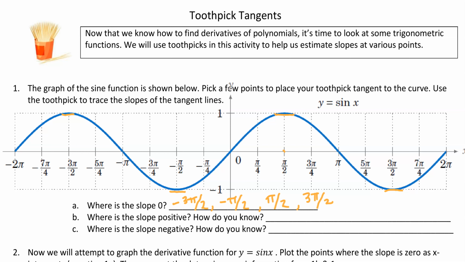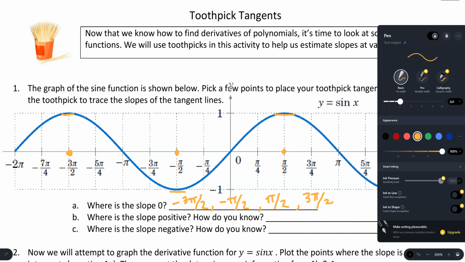So x-intercept at pi over 2 and x-intercept at 3 pi over 2, at negative pi over 2 and negative 3 pi over 2. Good. Okay. So where is going to be the slope of this graph? Where are my tangent lines, the slopes of my tangent lines here? Where are they going to be positive?